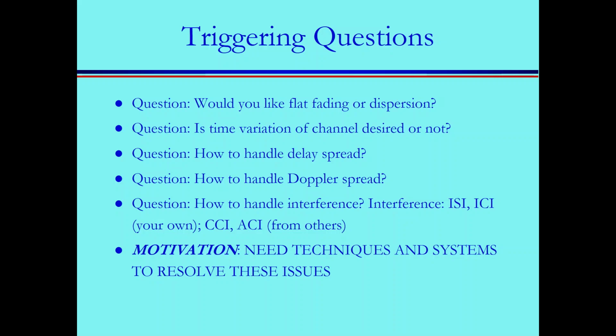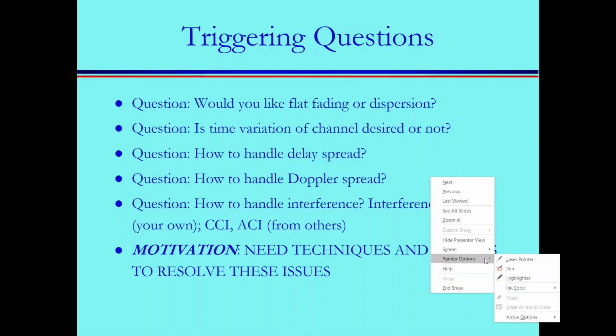That's not desired by you, it's for another user. Adjacent channel interference comes from the adjacent bands due to dispersion in the channel or the filter you are using at the transmitter. So these questions altogether motivate us to find techniques and methods to resolve the above issues.